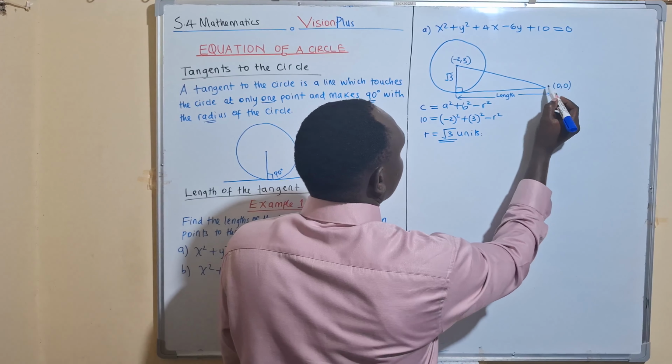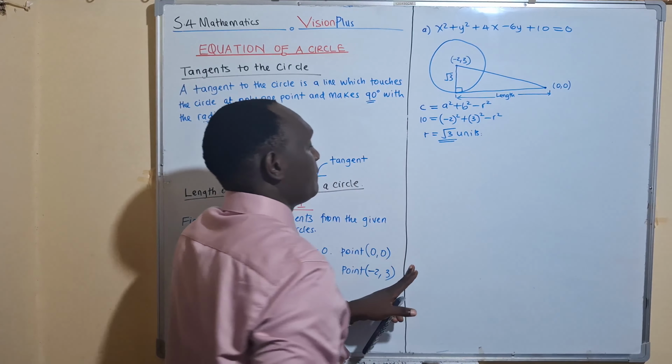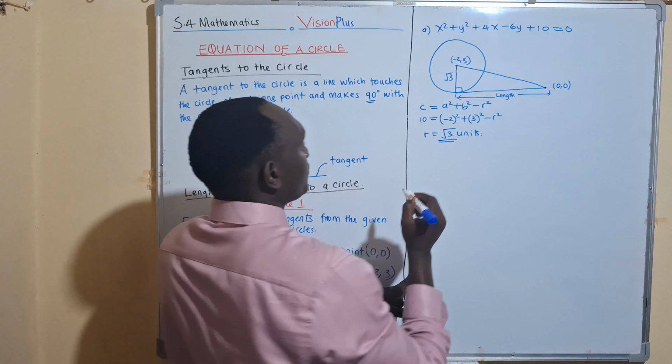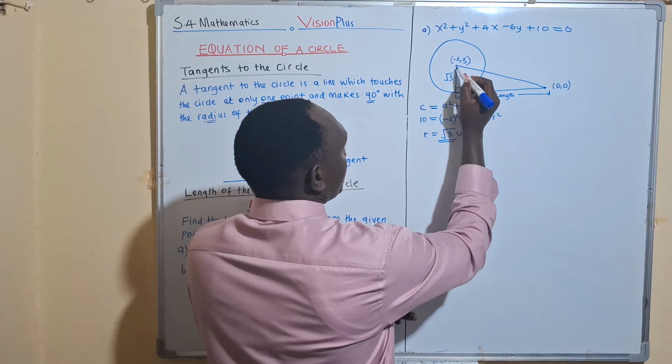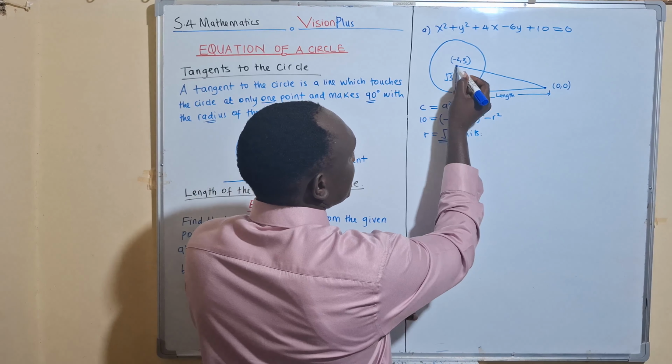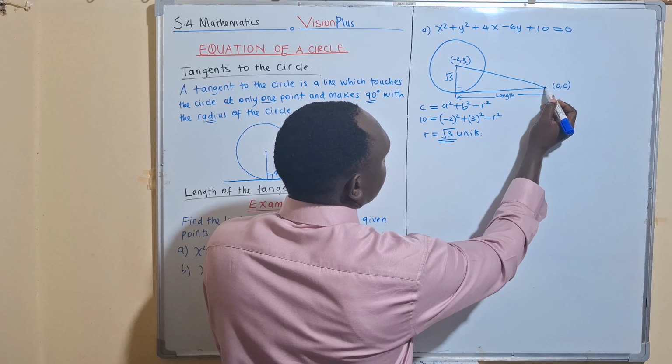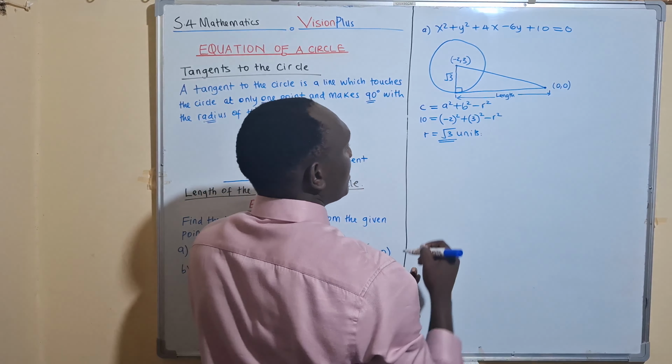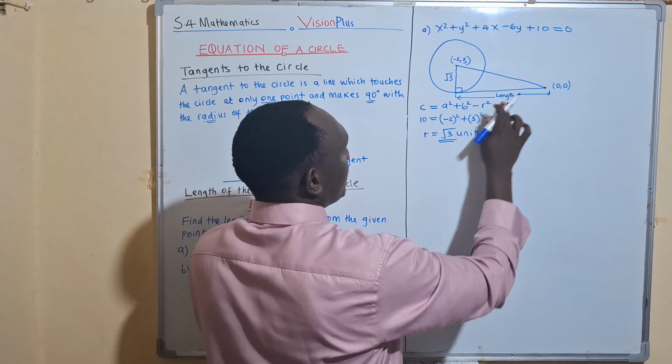So we know this distance from here up to here, and we can find the distance from the center up to where the tangent is coming. Then we apply Pythagoras theorem to find the length.